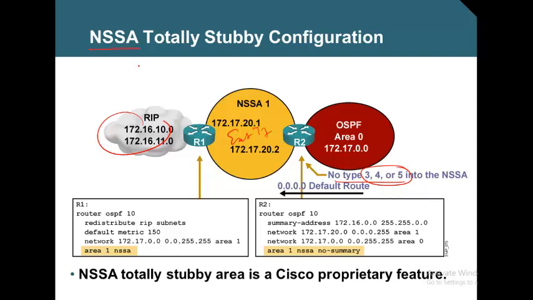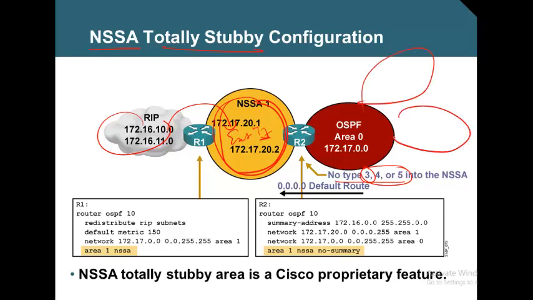And you add totally stub, that makes type 3 also not to enter. So your routing table now, what will it contain? It contains the local network and the external type 7 network. For all the rest of the autonomous system, you may have many areas: area 10, area 20, area 30.